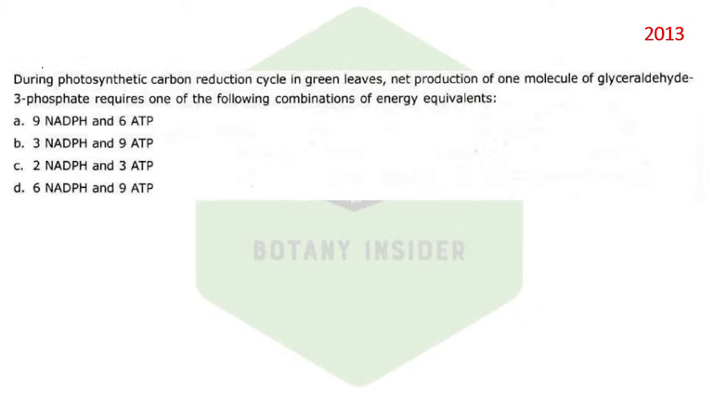Give it a try to this particular question. This one is easy. During your photosynthetic carbon reduction cycle in the green plants, net production of one molecule of glycerate 3-phosphate requires which of the following energy equivalents? Give it a try, everyone. This one is easy again. Try out the question.